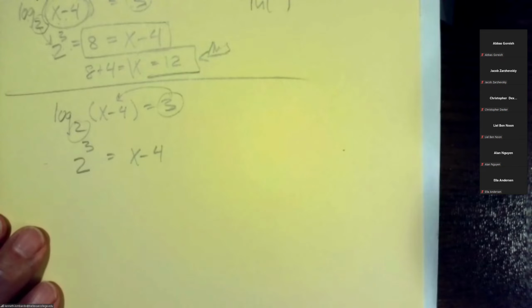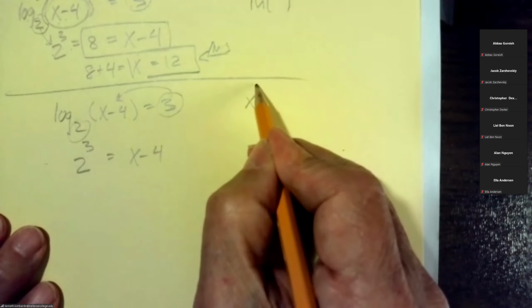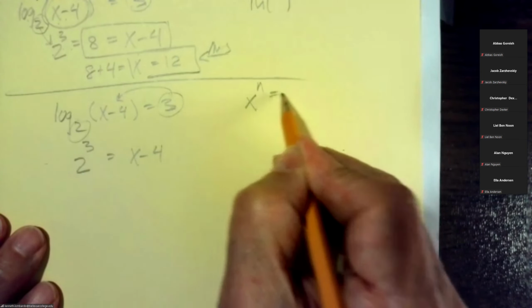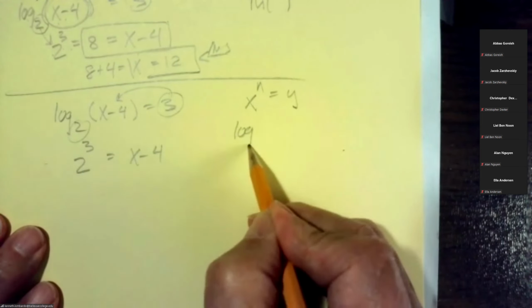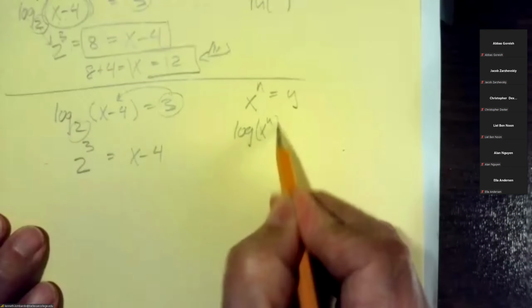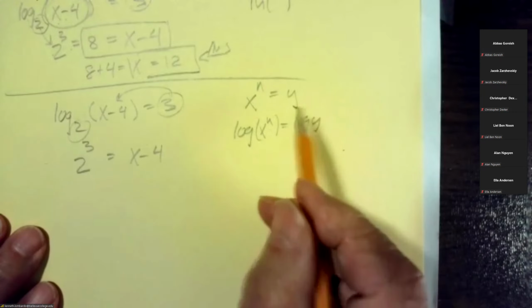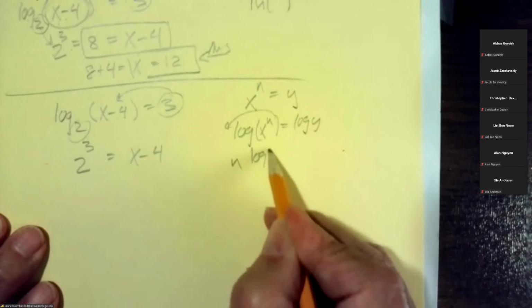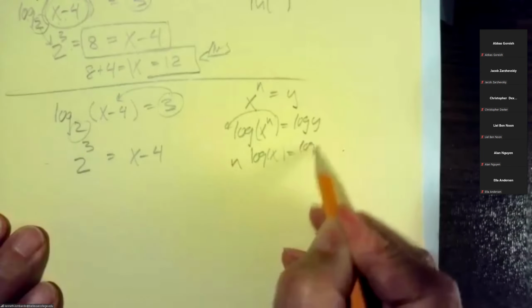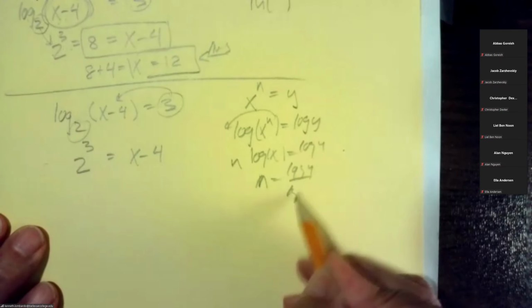That's essentially the definition of an exponent. x to the n equals y. If I take the log of each side, log x to the n equals log y. This becomes a multiplier: n log x equals log y, so n equals log y over log x.